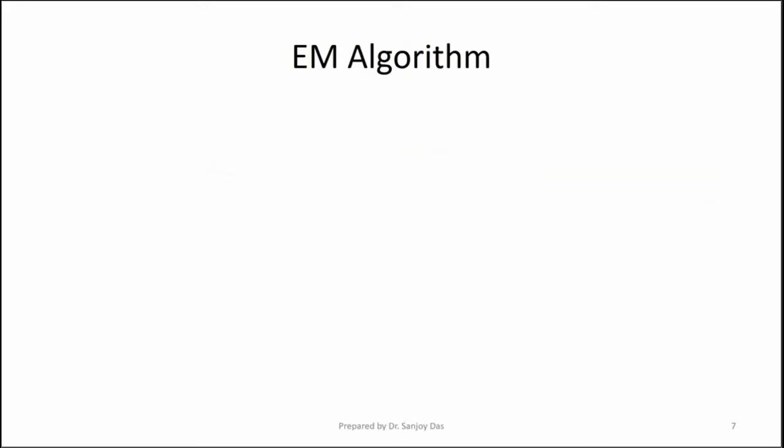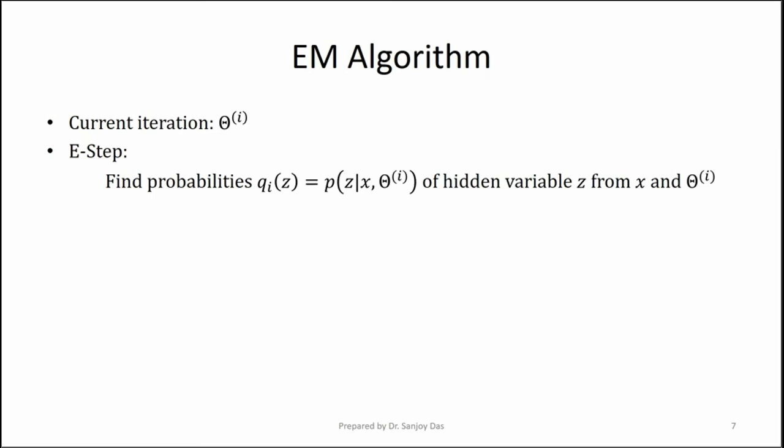So the EM algorithm for our problem is as follows. The current iteration is theta superscript i, where i is the iteration. And we have two steps. The E step involves finding the probabilities Qi(Z), which is P(Z given X, theta i), of the hidden variable Z from X and theta i.